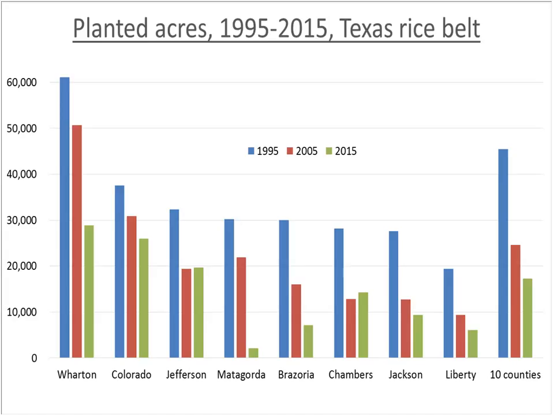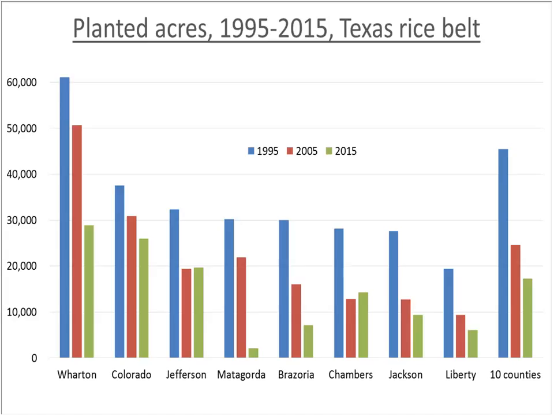These 8 counties on the left generally make up 80 to 85% of Texas's annual rice production, and this is the remaining 10 counties. And you can see there has been a pretty consistent decline in the acres planted.